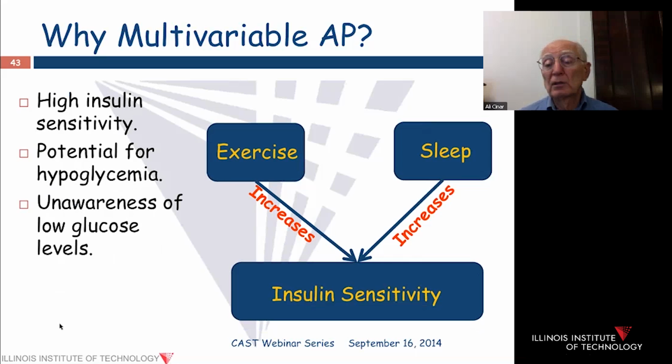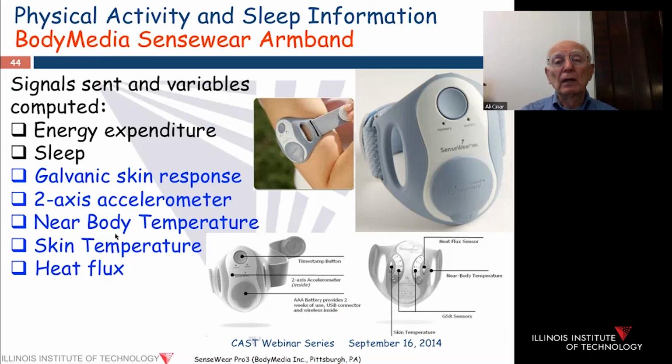Again, during sleep, insulin sensitivity increases, and the challenge there is, of course, the patient is sleeping, so he or she may not be aware of this low glucose state, and that might create some challenges. So to take into account all these factors, we thought that these additional signals would be valuable.